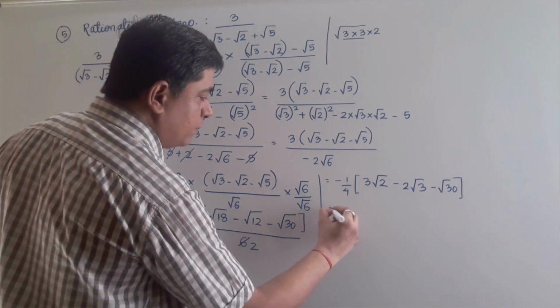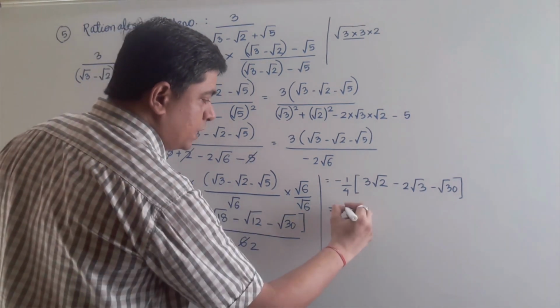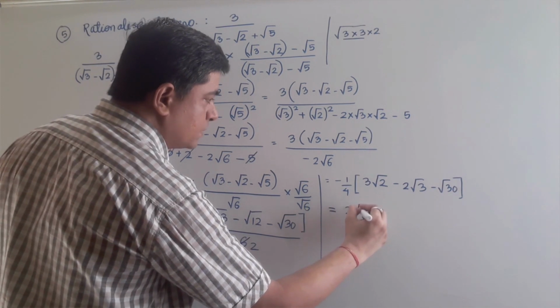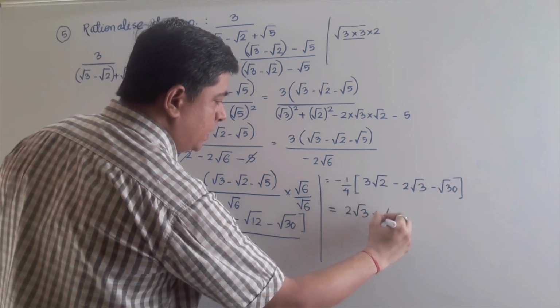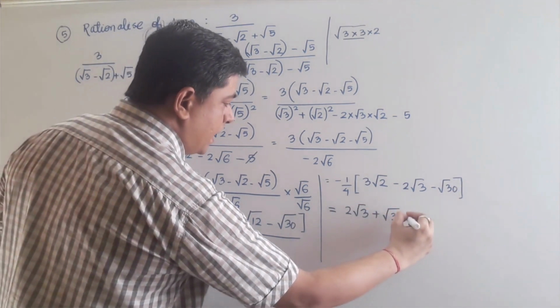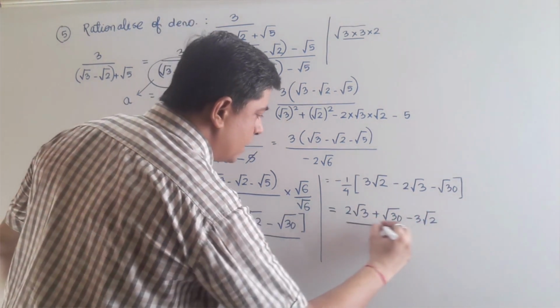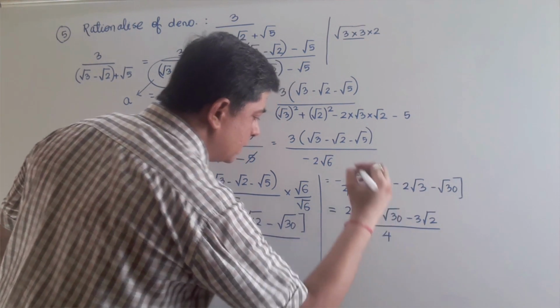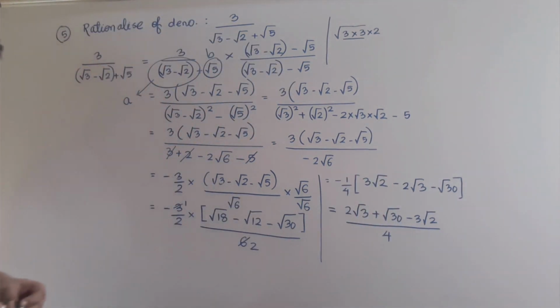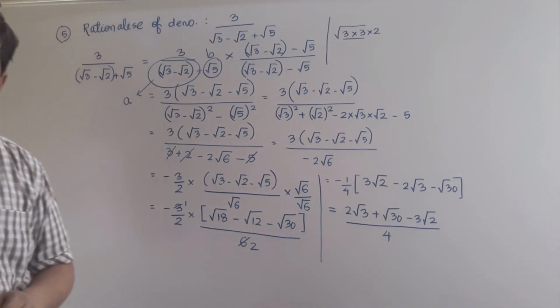So 2 under root of 3 will become positive, under root of 30 will become positive, and 3 under root of 2 will become negative, and upon 4 will be as it is. So this will be the final answer of the question.